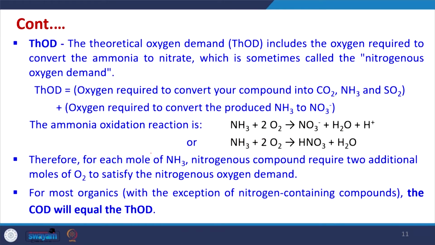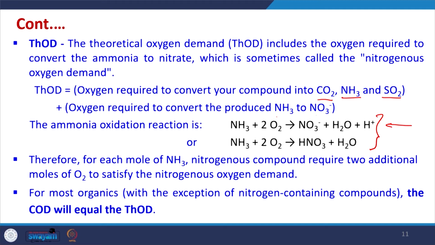Now, theoretical oxygen demand converts the compound into CO2, ammonia and SO2. So, if it contains carbon, nitrogen and sulfur, this happens, and then in the second reaction ammonia gets converted into nitrate. Generally both reactions are taken together, but in the literature some people report only up to the first.